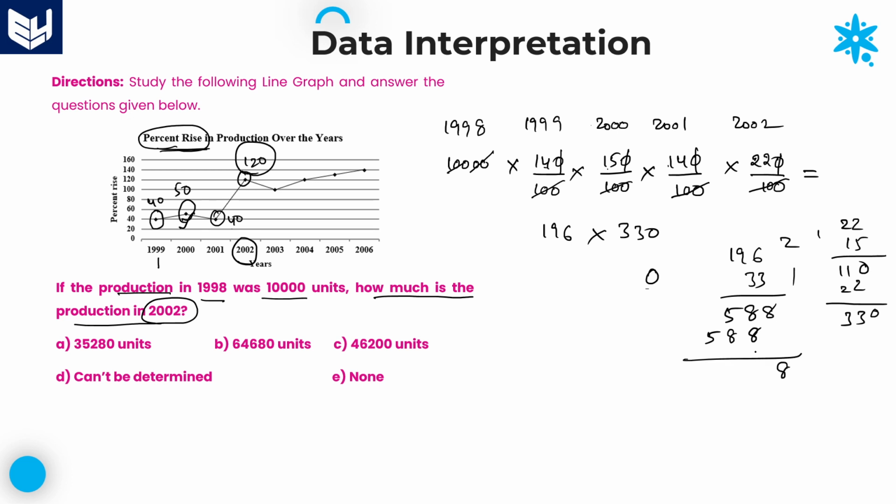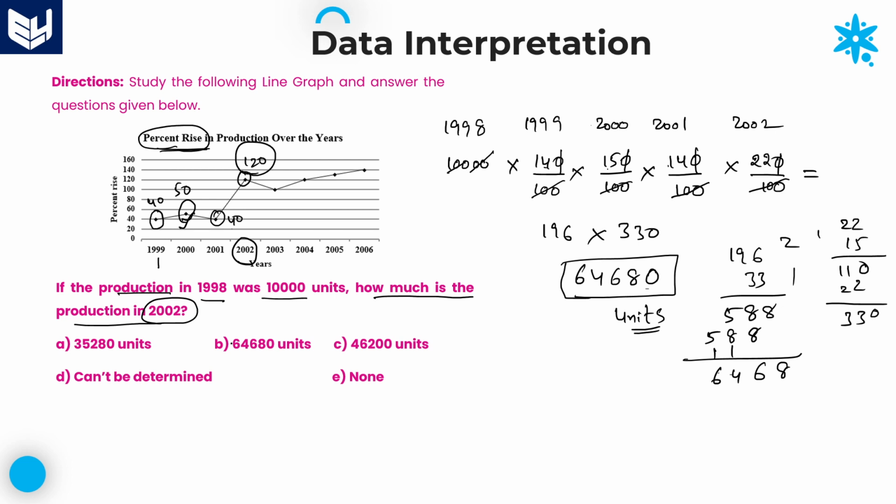Here it is 8, and it is 16, and 13 plus 1 is 14, and next it is 6 6 4 6 8 0. That is the production in 2002. In 2002 the production is 64,680 units. That is our required answer.